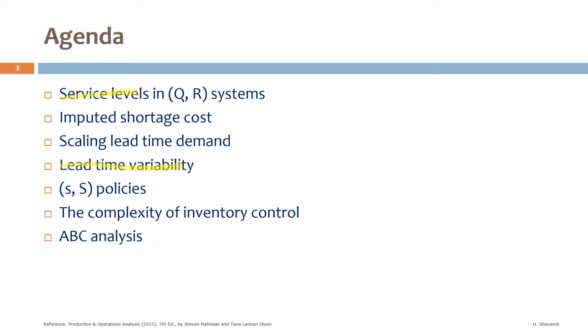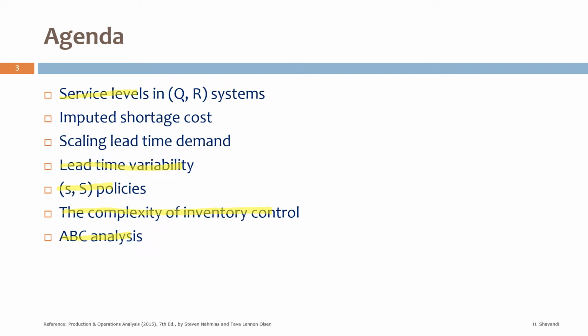Here we consider that lead time is a random variable as well, and see how we can deal with this uncertainty. And then we'll have S policies in inventory control, and then the complexity of inventory control in the real world, and also ABC analysis for more complex inventory control models in the real world.